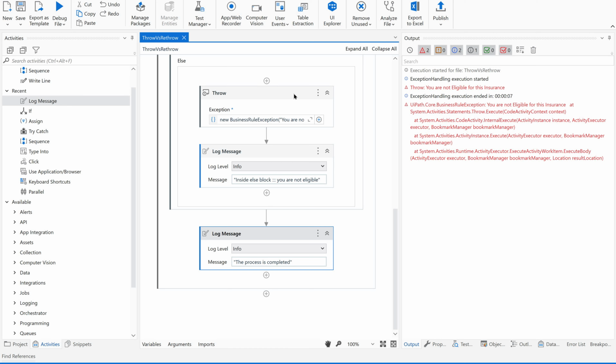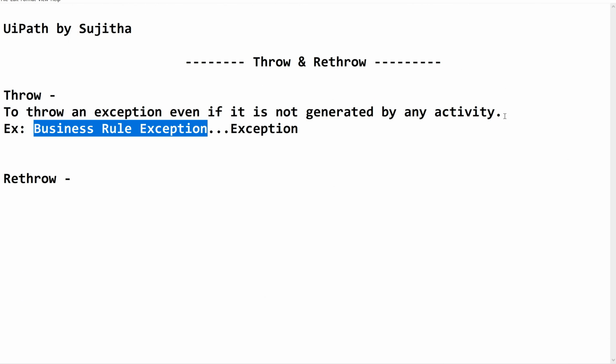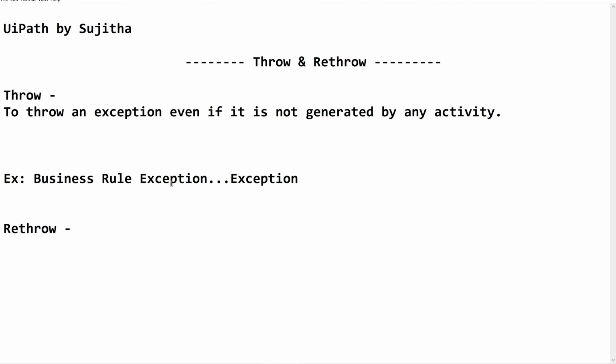So that means when we are using throw activity, not only is it throwing the exception, not only creating the exception, rather it is terminating the flow. Fine? Understood? It is not only used to throw an exception, rather it terminates the execution.